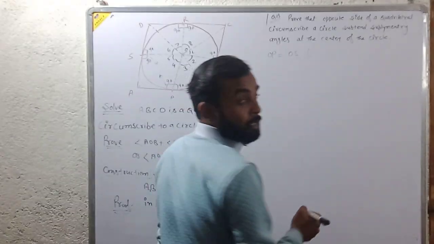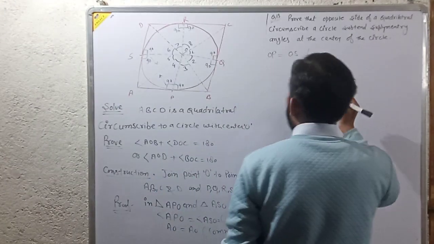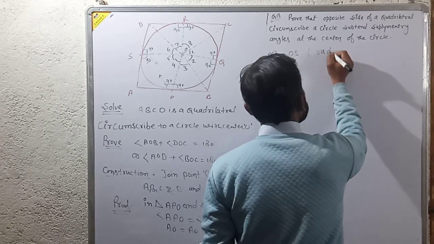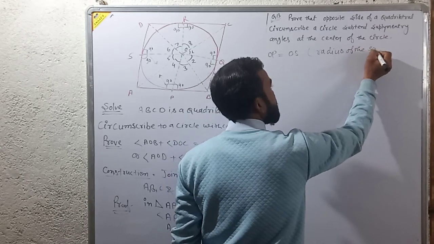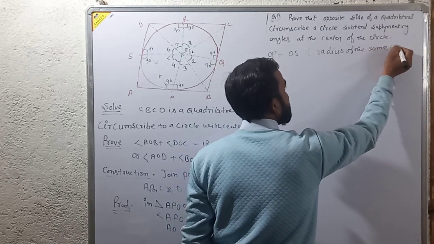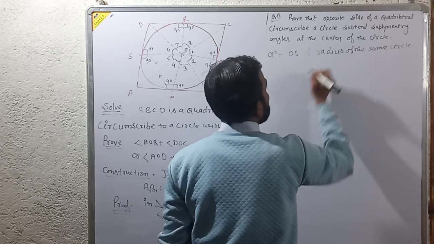This is the radius of the same circle. Clear?